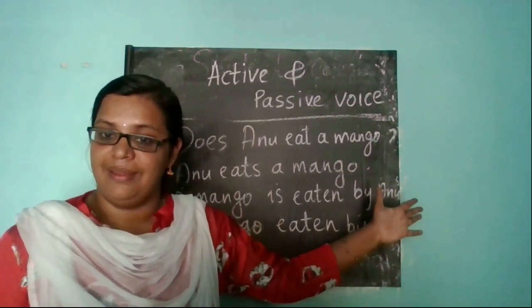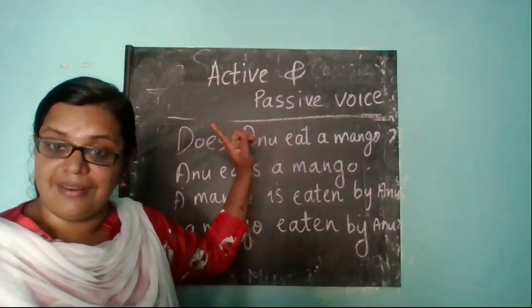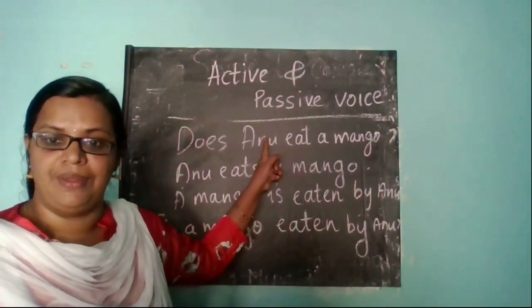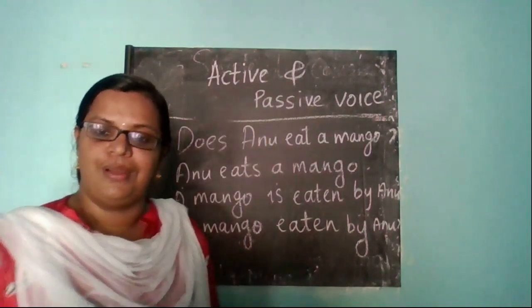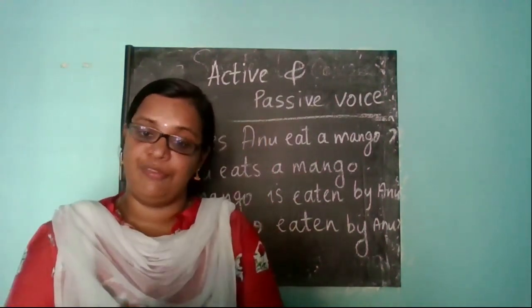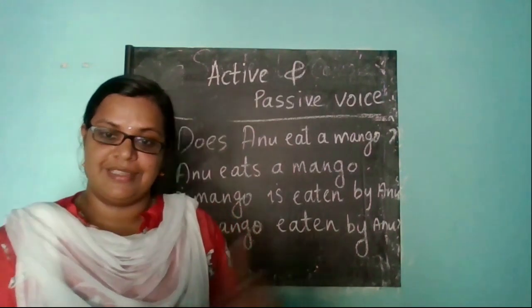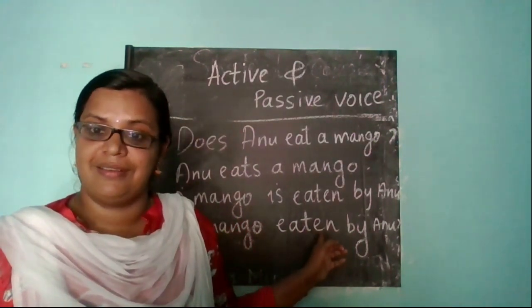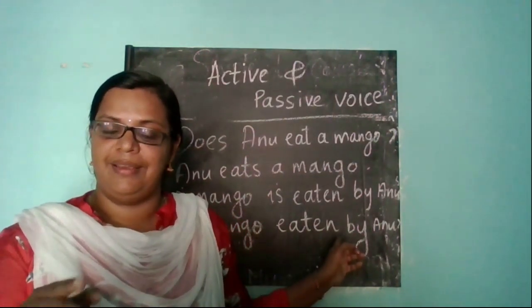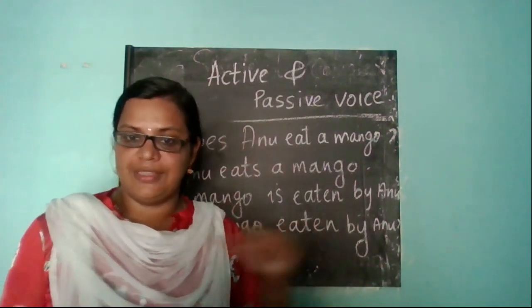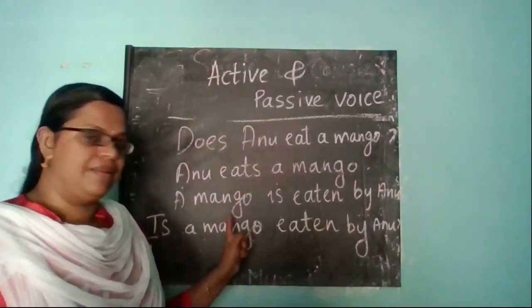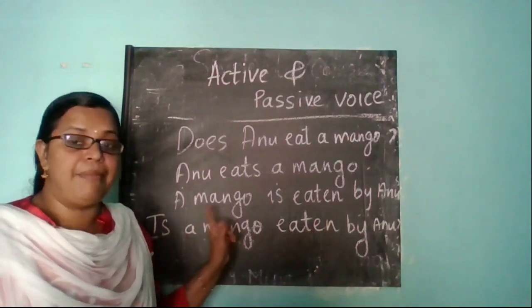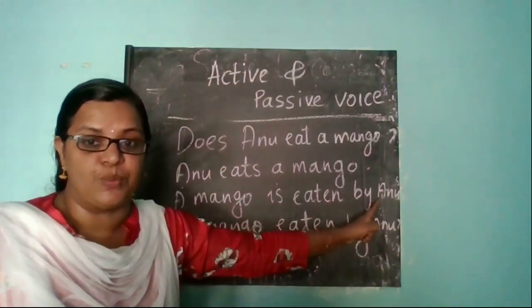Clear? As the question is in interrogative form, the answer also should be in an interrogative form. So, you can change your answer into an interrogative sentence. See, a mango is eaten by Anu.